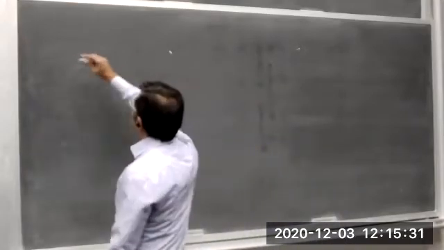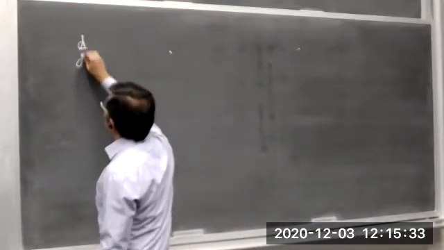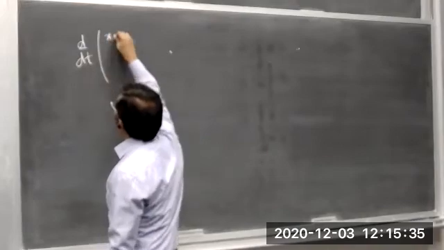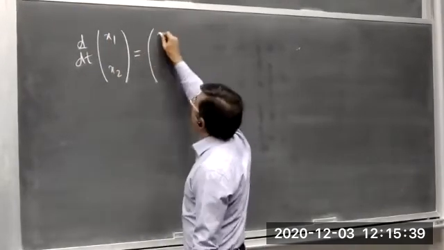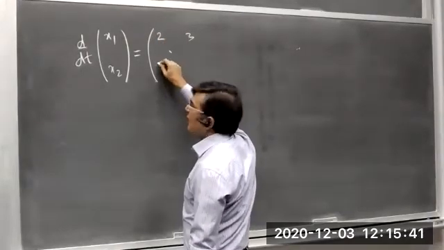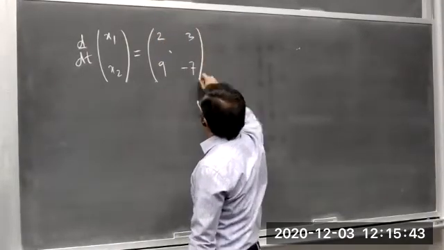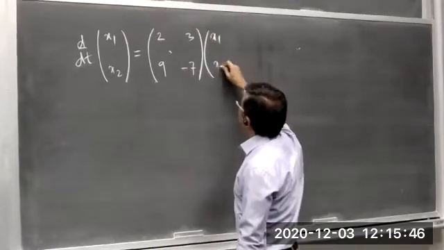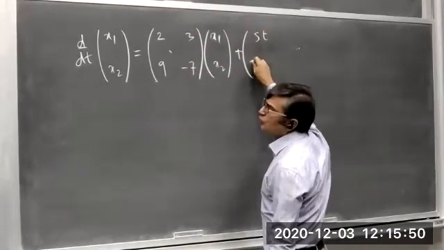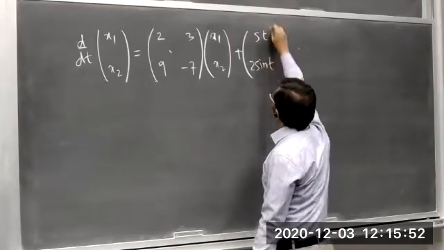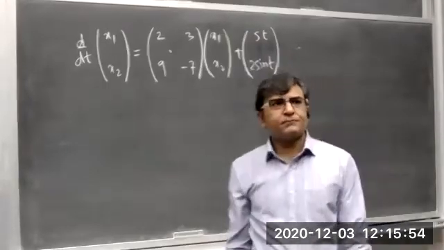Now that system can further be written as d by dt of x1, x2 is equal to the same 2, 3, 9, minus 7 times x1, x2, plus 5t and 2 sine t.